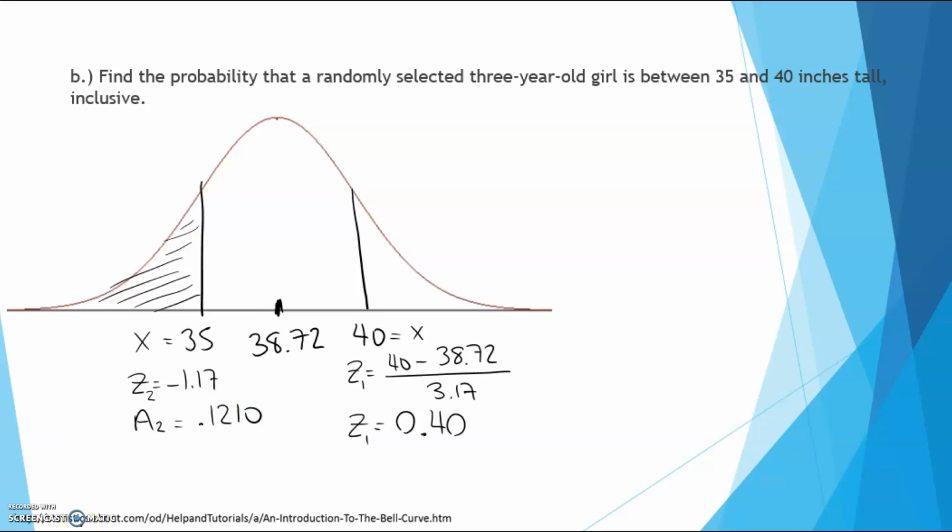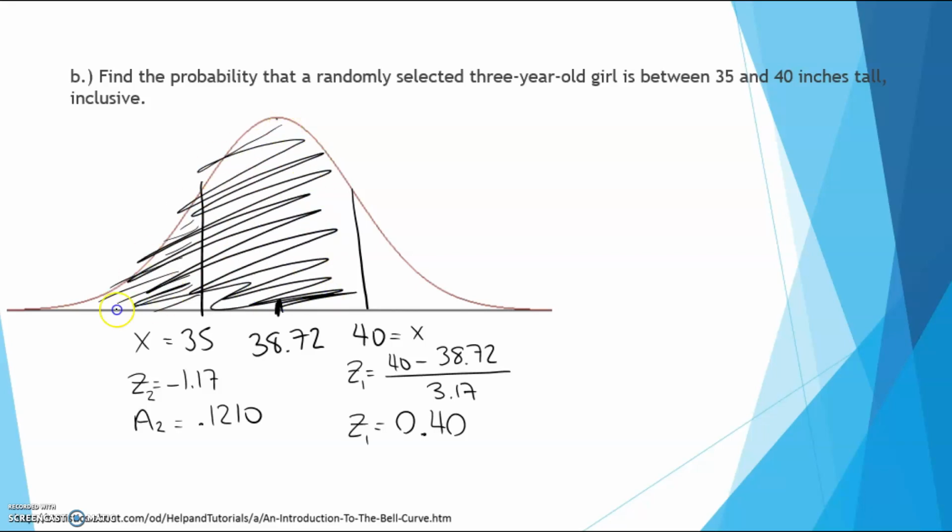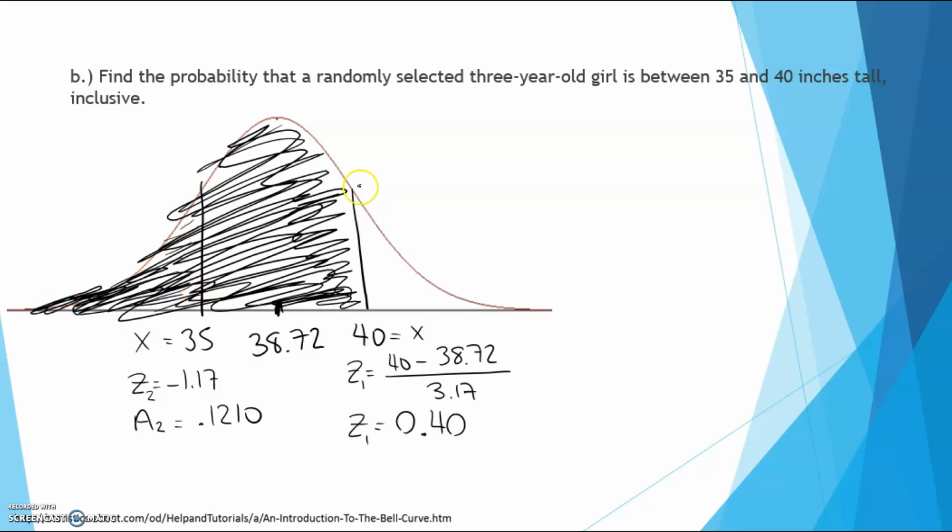Now what I'm looking for is the area to the left of my z-score of 0.40, which is going to include all of this, to the very end. So from that z-score all the way over, starting here, all the way over, that's to the left.